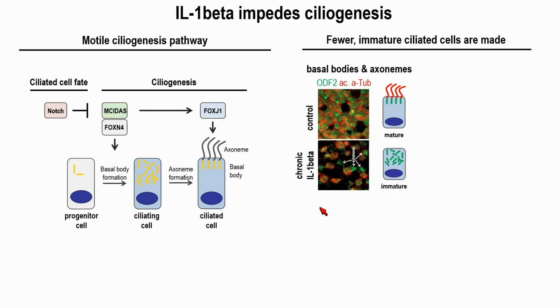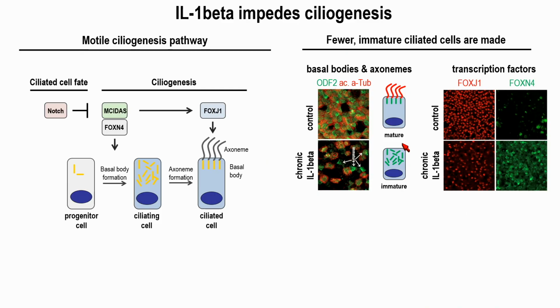However, with chronic IL-1 beta treatment, we lose the colocalization of the basal bodies and the axonemes, meaning that some of the basal bodies that are present do not have axonemes growing out of them, which means that these cells are immature. This little graphic shows that these are just being retained in the cell and they're not docking properly and not extending axonemes from them.